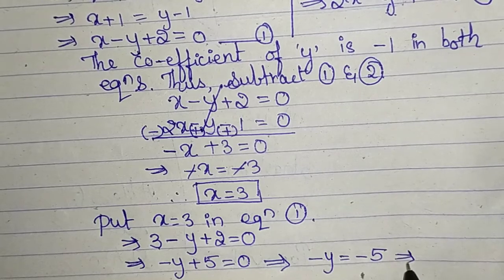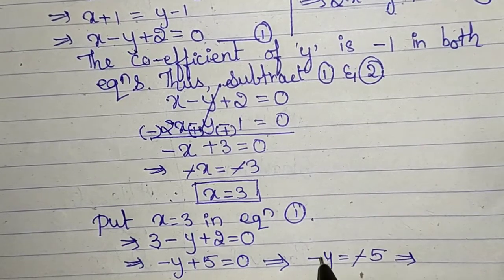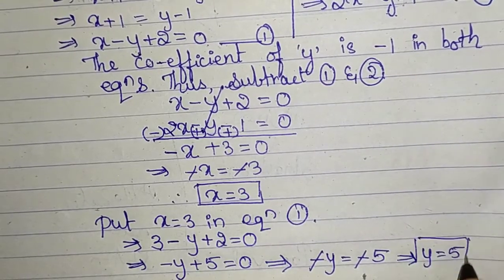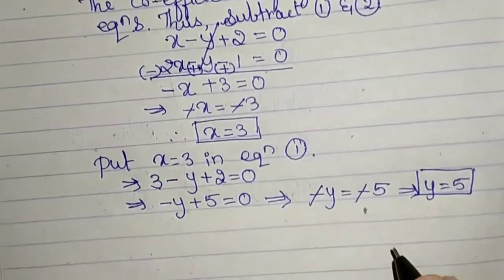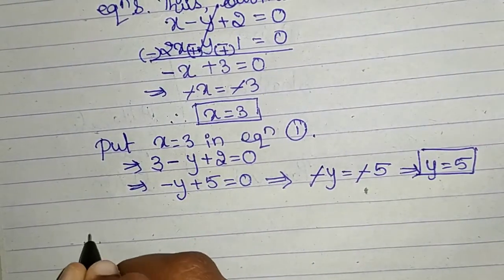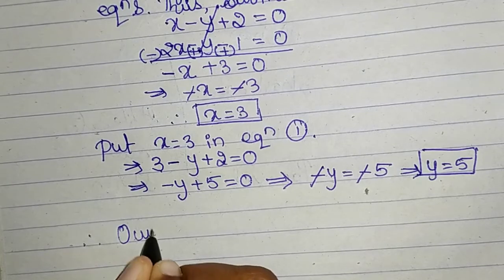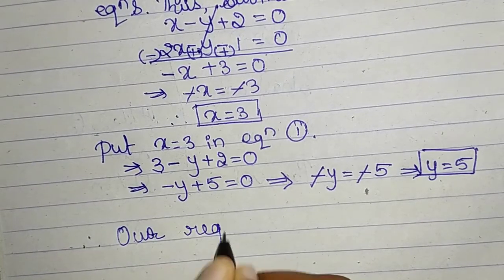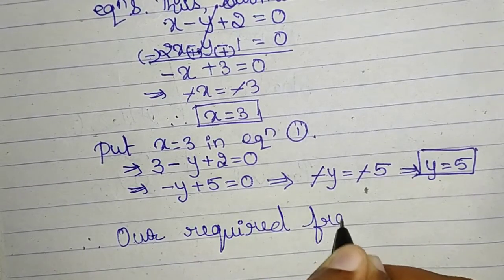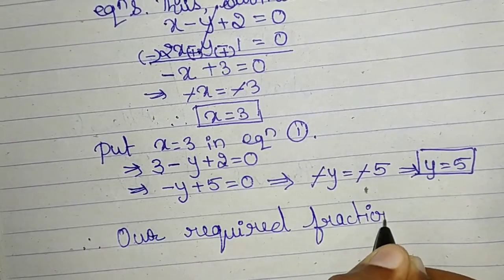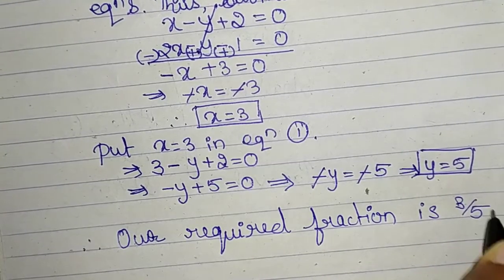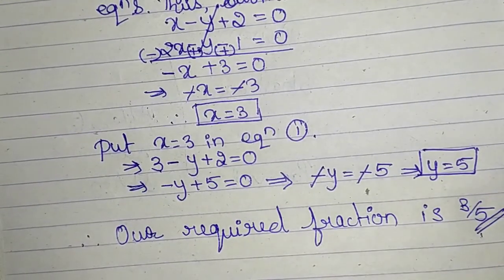So minus y cancels each other. y is equal to 5. This is the value. So since we got our numerator and denominator, therefore our required fraction is 3/5. This is our required solution.